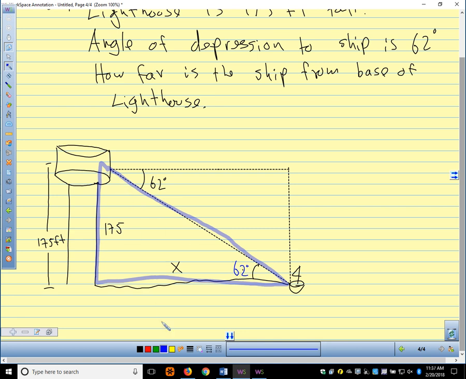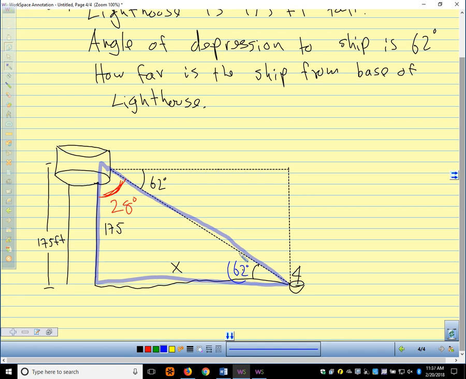Couldn't I find this angle also? Now what do these two angles have to be together? 90. So this angle would be 28 degrees. So I could use either one of those two angles to set up the problem.